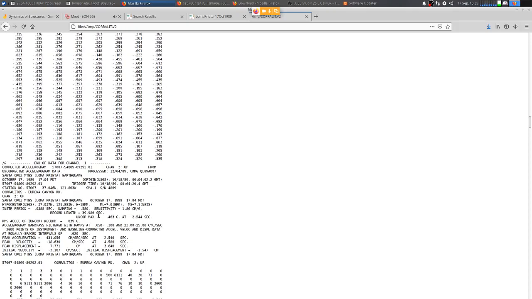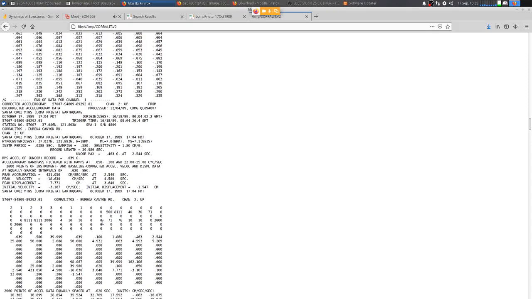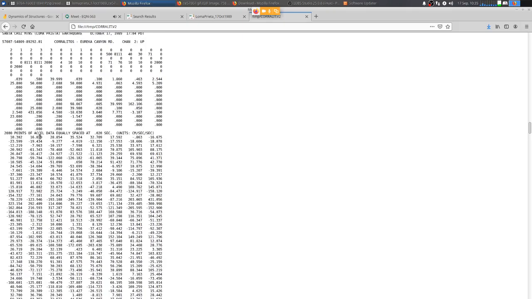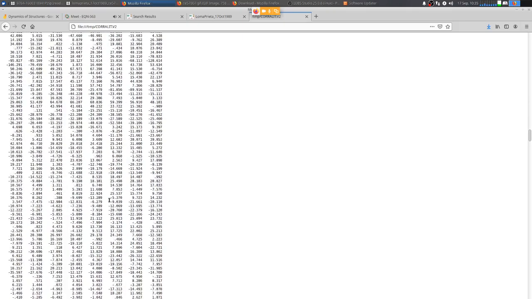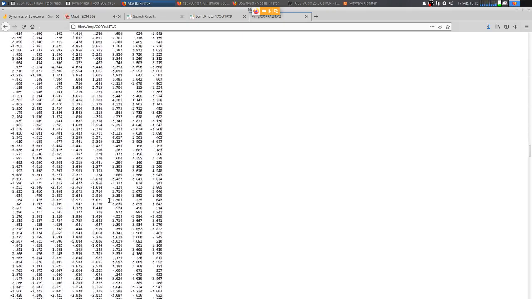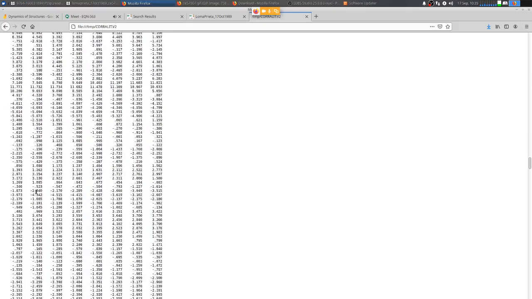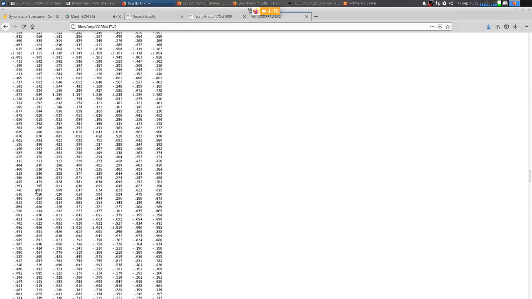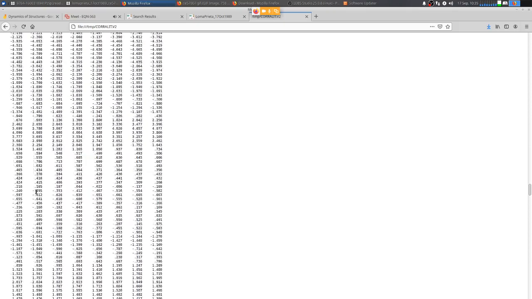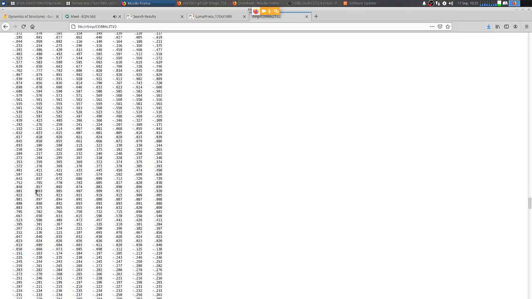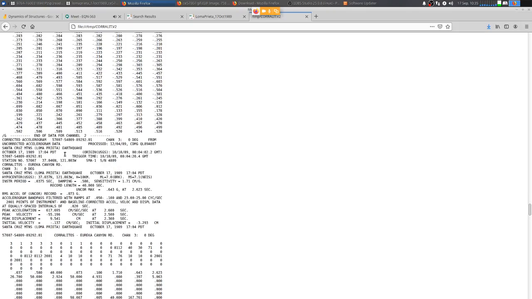And then there is another component, that's the first component. Then you have a vertical component, again same information, 2000 points acceleration followed by 2000 points velocity and so on. And then there will be the other horizontal component beneath under the displacement. So this is channel 3, the horizontal component, 0 degree, so this is the east-west component.